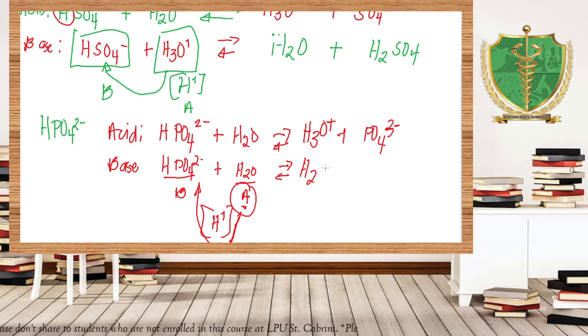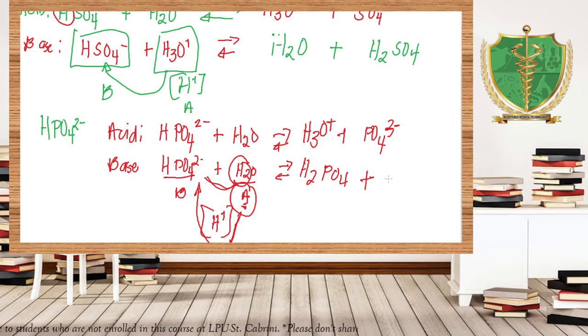H2PO4. Nagbigay si water ng isang hydrogen. Nagbigay si water which acts as an acid ng isang hydrogen to hydrogen phosphate ion to give you this one.